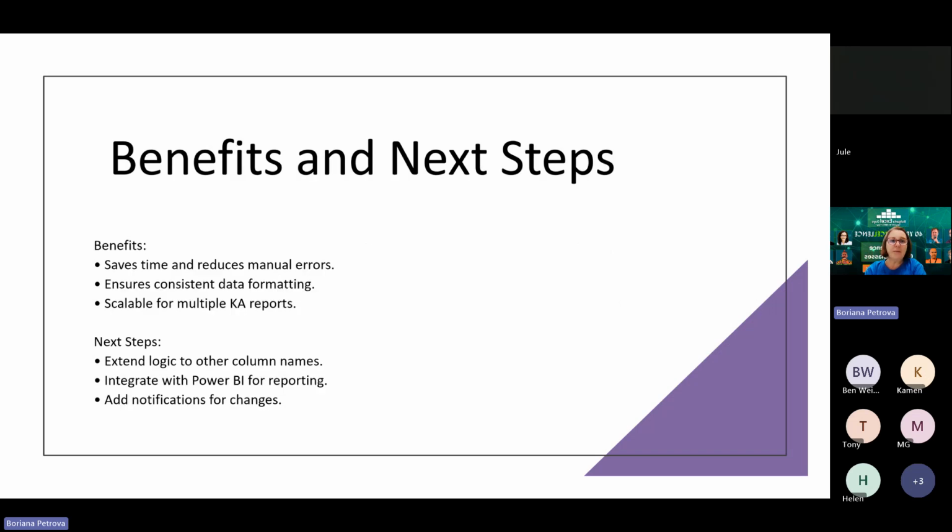So what are the benefits of this? A couple of benefits, of course. First, we save time, and we reduce a lot of manual errors that we can have. This is also scalable for multiple accounts and reports, and we can update the logic not only for one column but for multiple columns.